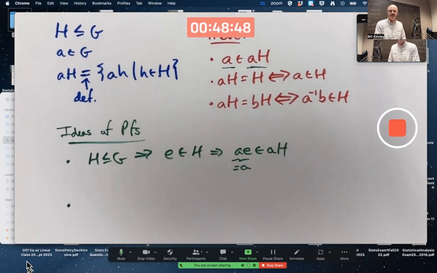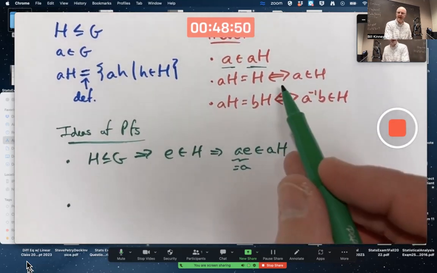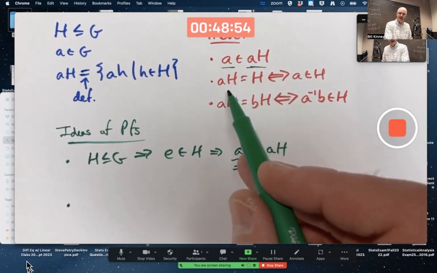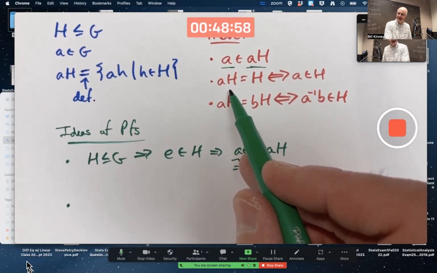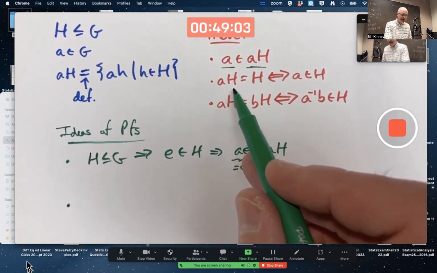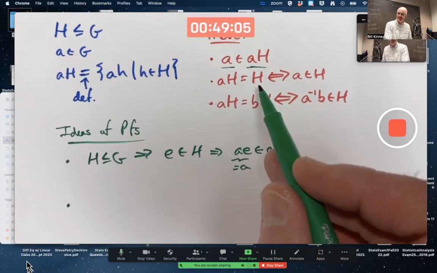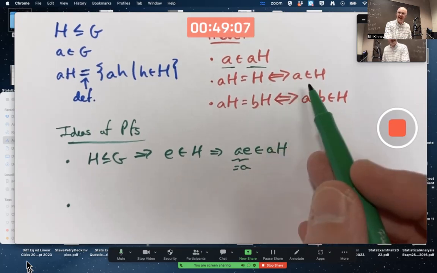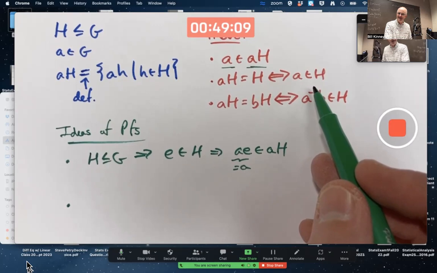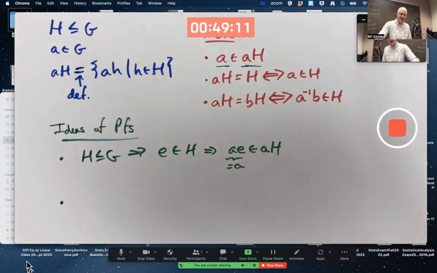What about the second one here? That gets harder. And it is an if and only if. The left coset of H in G containing A, I'm going to try to say that every time, equals H itself if and only if A is an element of H. Maybe a picture is helpful.